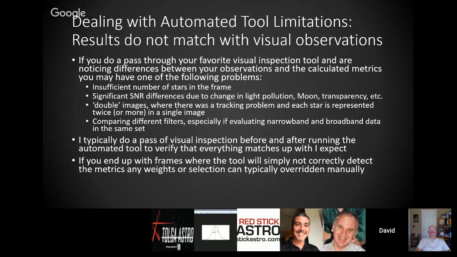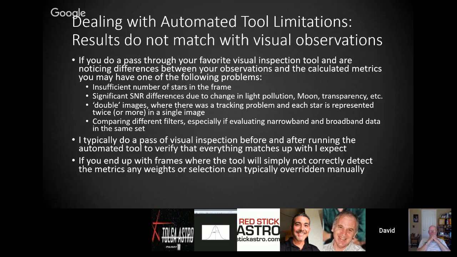There are significant noise differences, like we talked about, due to light pollution, the moon being up. Maybe there are thin clouds reducing transparency. That can affect your signal-to-noise ratio, which affects the results. Double images we talked about before. If there's a tracking problem, and each star is represented twice or more in a single image, this can really throw things off.